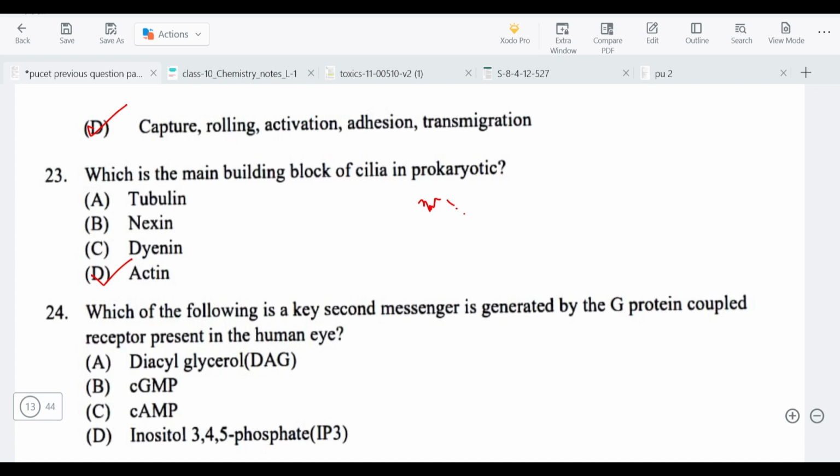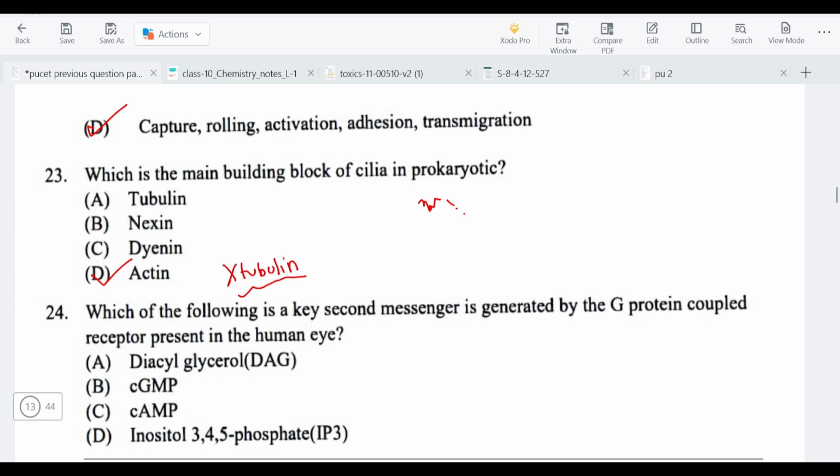So in the prokaryotic cilia-like structure, there are actin-like proteins, and not tubulin. In eukaryotes, in cilia, there is tubulin protein, right?